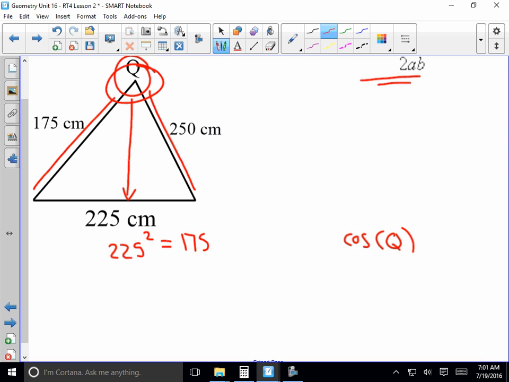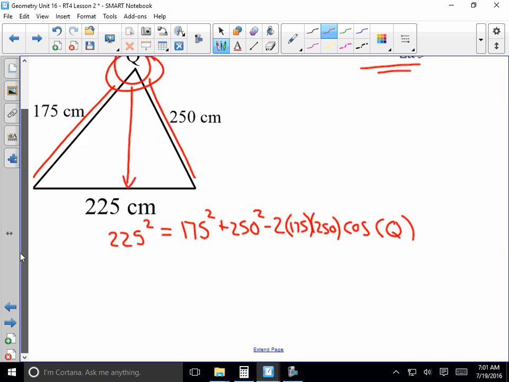I've got 175, I can square that, plus 250, square that, and then we've got the minus 2 times 175 times 250. So now I've built my formula.